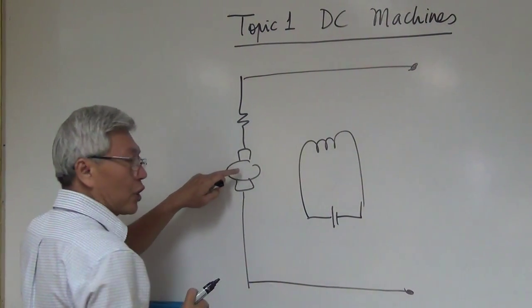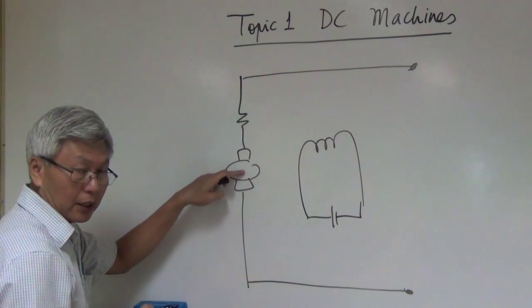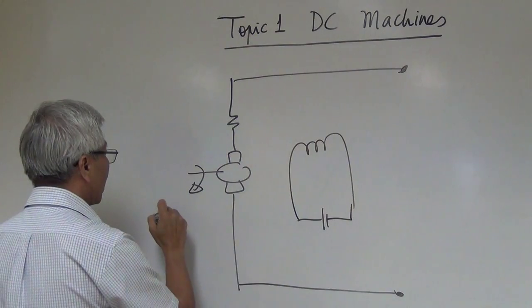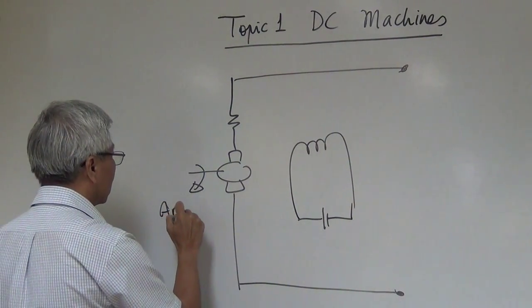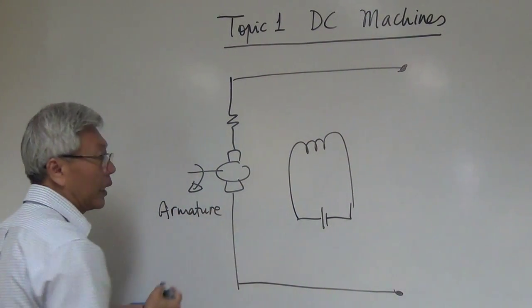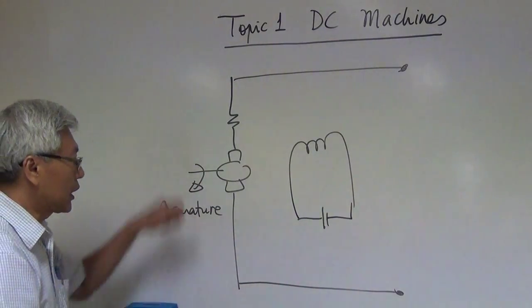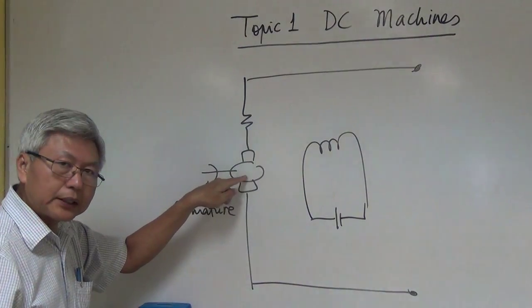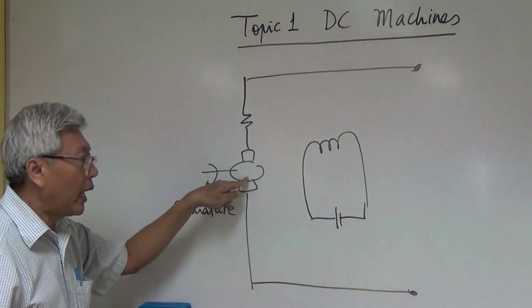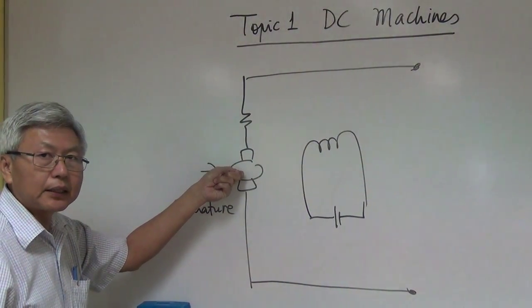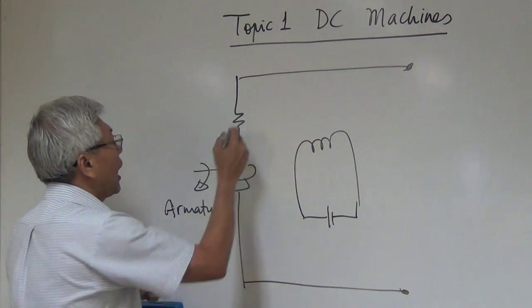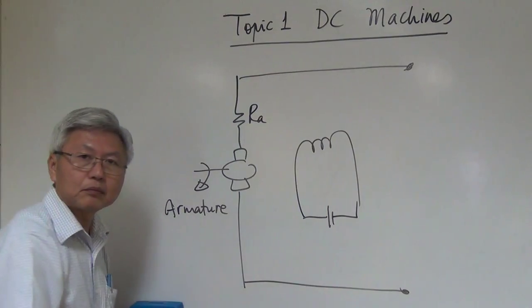This structure is called the armature, or another word, the rotor, and we turn the armature. Remember I spoke about a piece of conductor; a lot of conductors are inside. The resistance of the conductors is represented by this resistor, called the armature resistance.